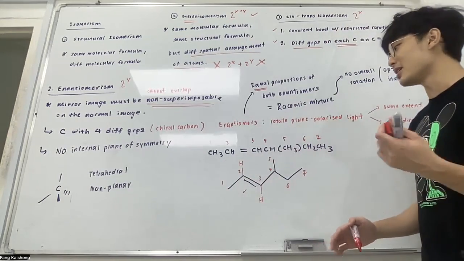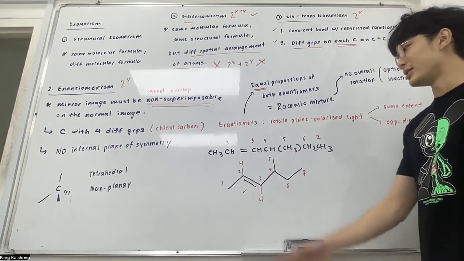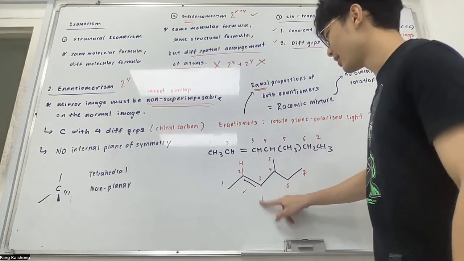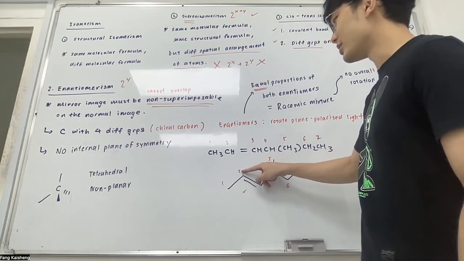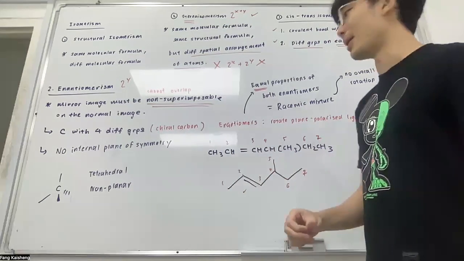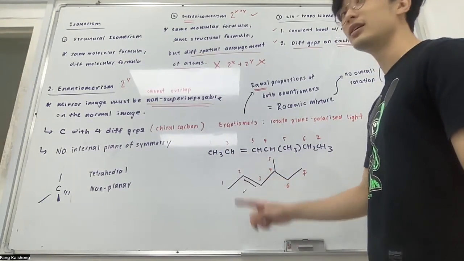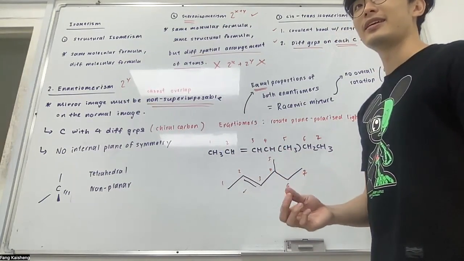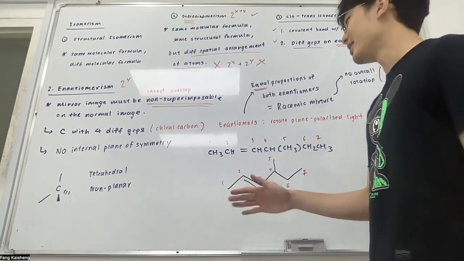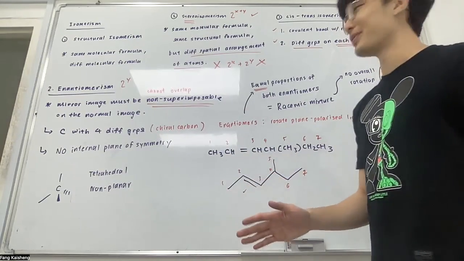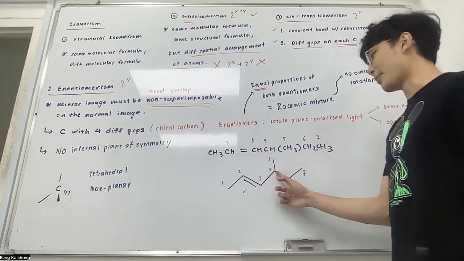How about enantiomerism? Any chiral carbons here? You see, we labelled all 7 carbons, right? Carbon 1, is it chiral? No. Just now I already mentioned, find a more congested carbon. 2 and 3, do we consider? Double bonded carbons, don't consider, right? Because you only have 3 groups. We need 4 groups. How about carbon 4?